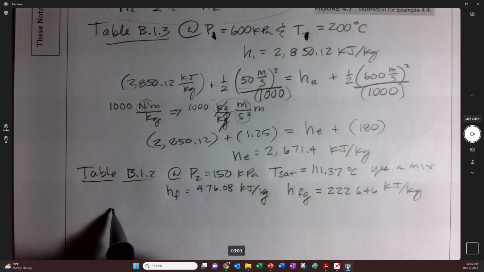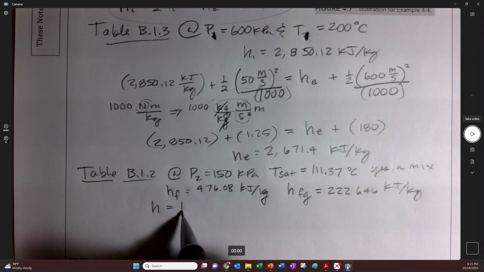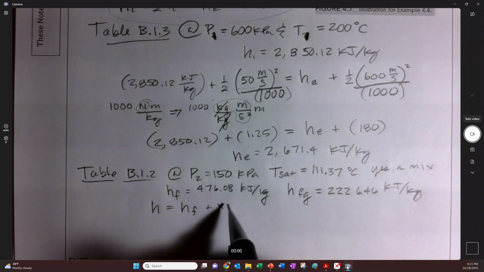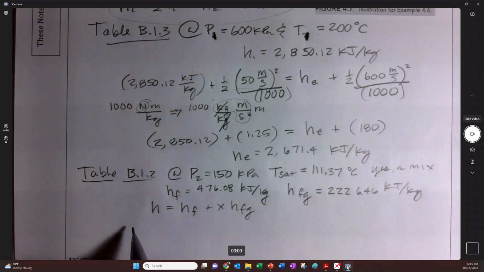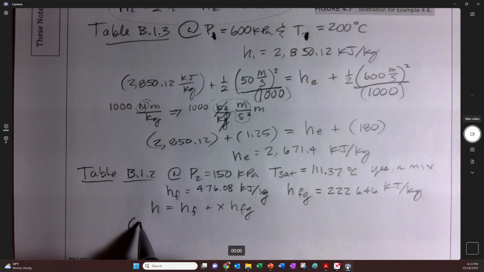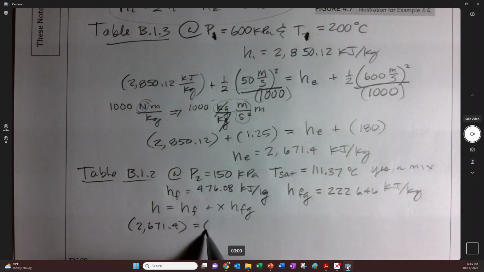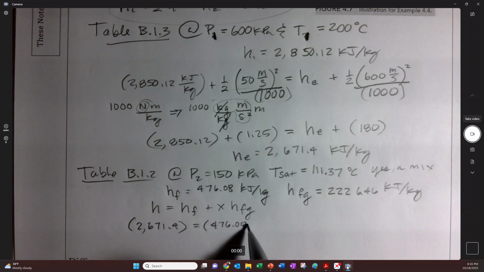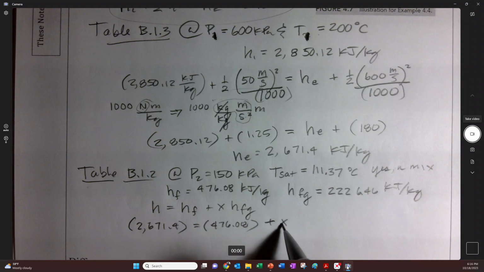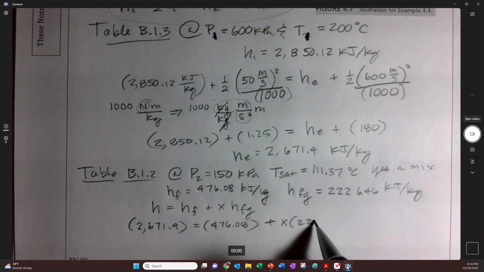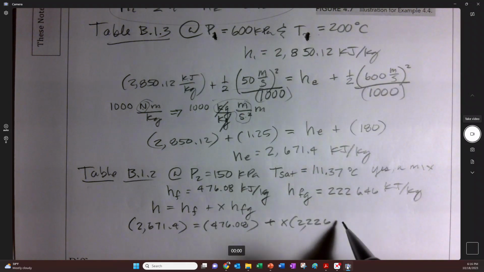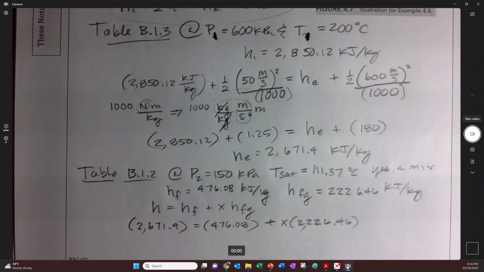So anyway, we can write down H is equal to HF plus X times HFG, where we have an exit enthalpy of 2,671.4. We have 476.08 plus X times 2226.46, right?